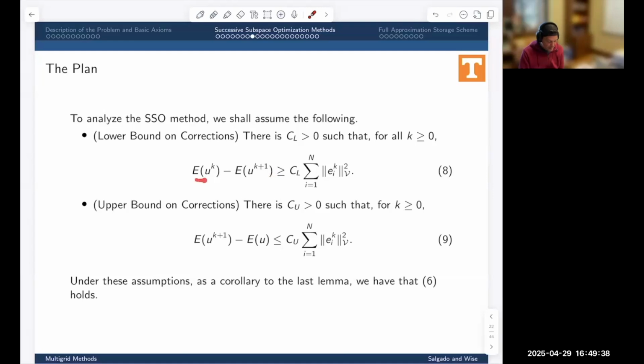This is only possible if this number is greater than that number. So this energy is greater than this energy. That means as I take steps in my SSO algorithm, this number has to be smaller than this. In other words, I have to be going downhill in the energy, in the downhill direction in my algorithm.